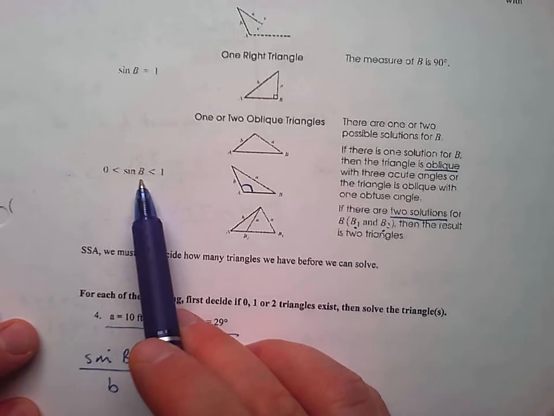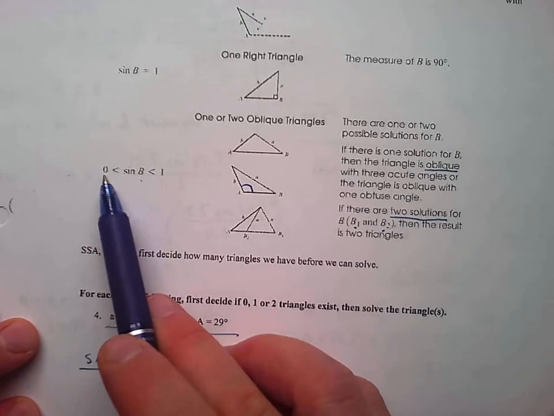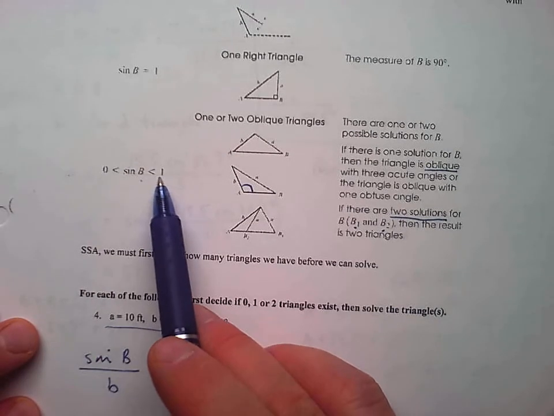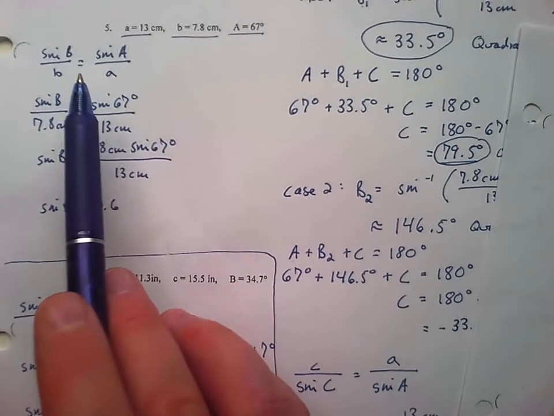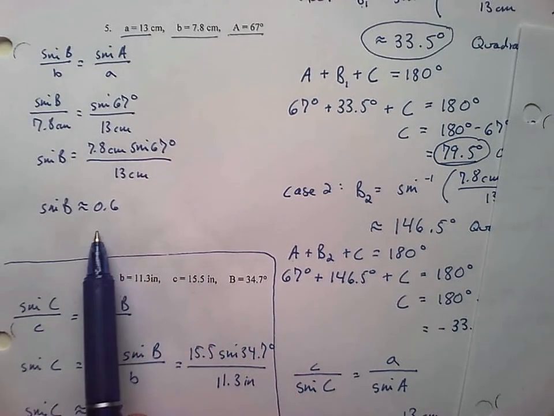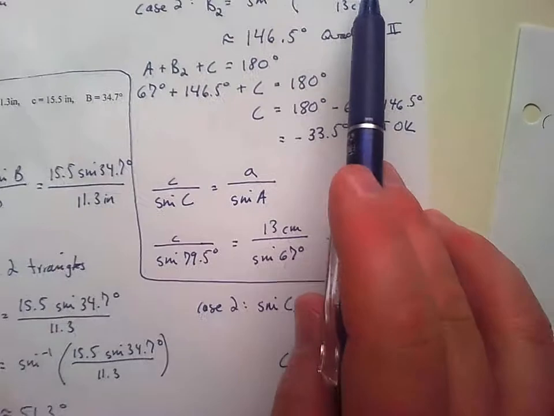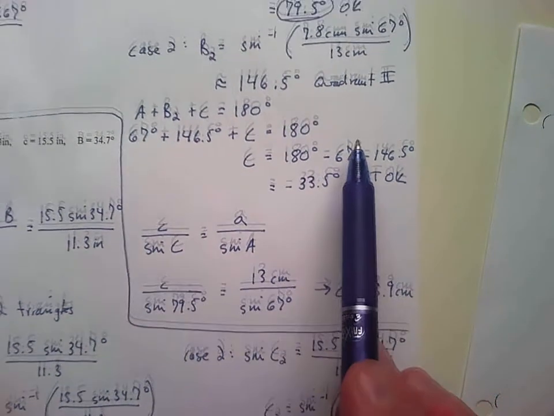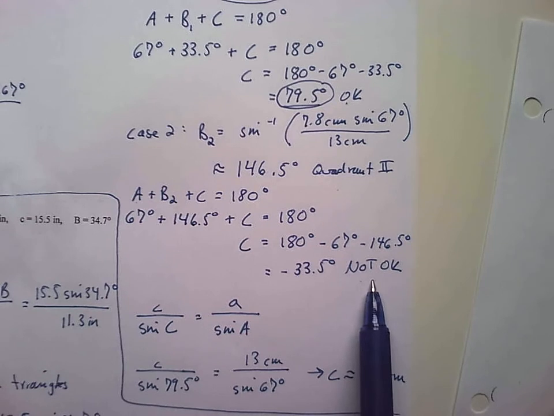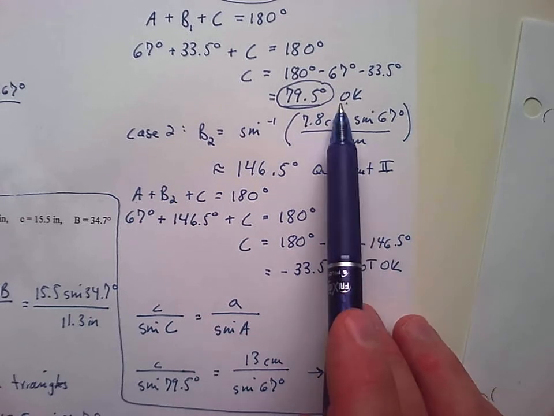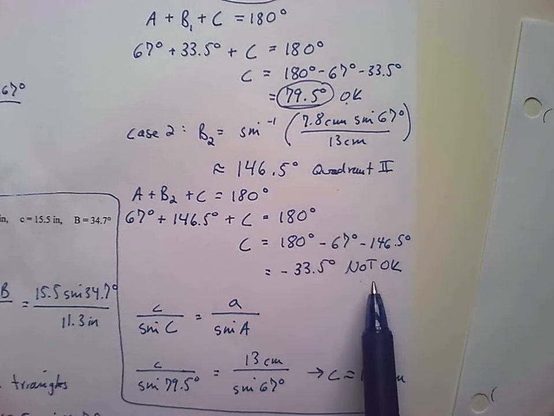So again, we're in this scenario right here, where the sine of B was between 0 and 1. In question number 5 above, we had that case, but we found that we can only have one triangle. Here we had a case that was okay for an angle. Here we had a case that was not okay for an angle.